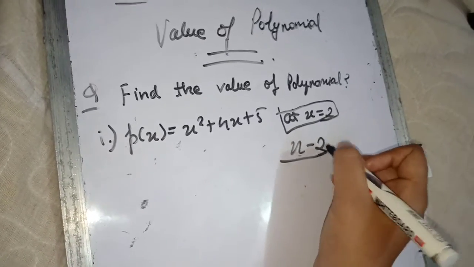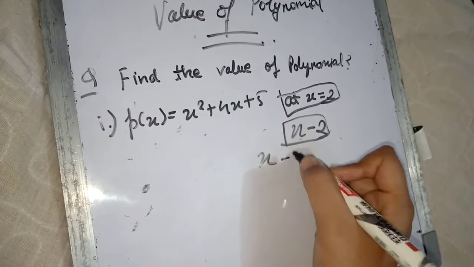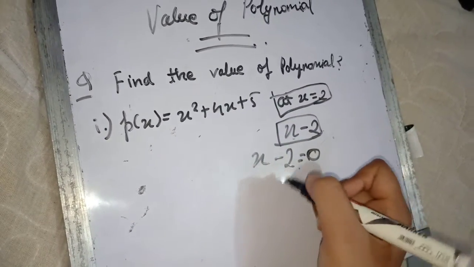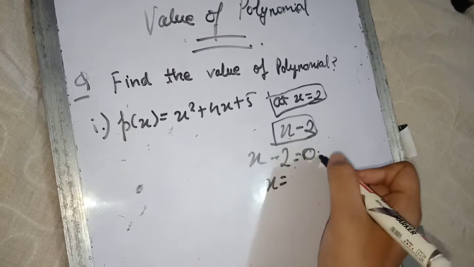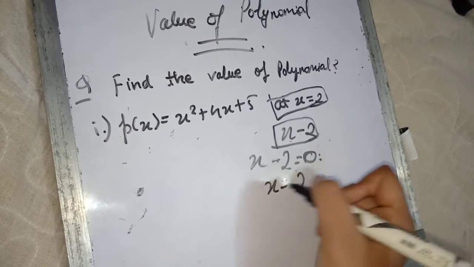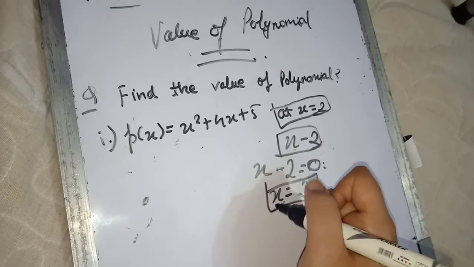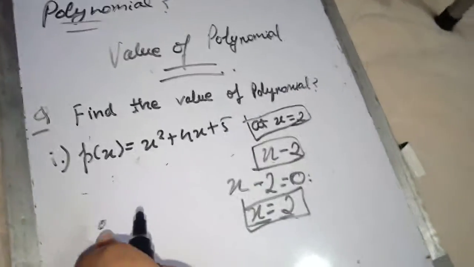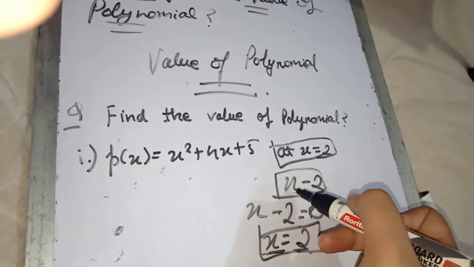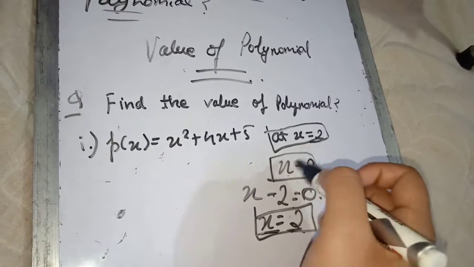So you only have to do x minus 2 is equal to 0. Now x is equal to, the 2 will go to this side, so it will become plus 2. So x is equal to 2. The value of x will become 2. So you will do it like this if it comes like x minus 2. But here x is equal to 2 is already given.